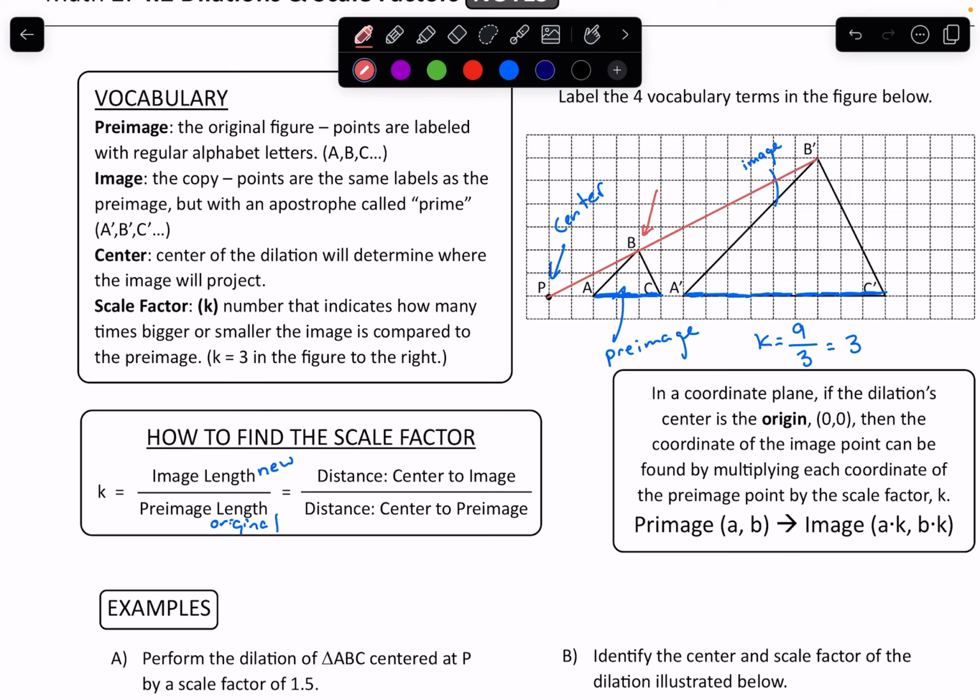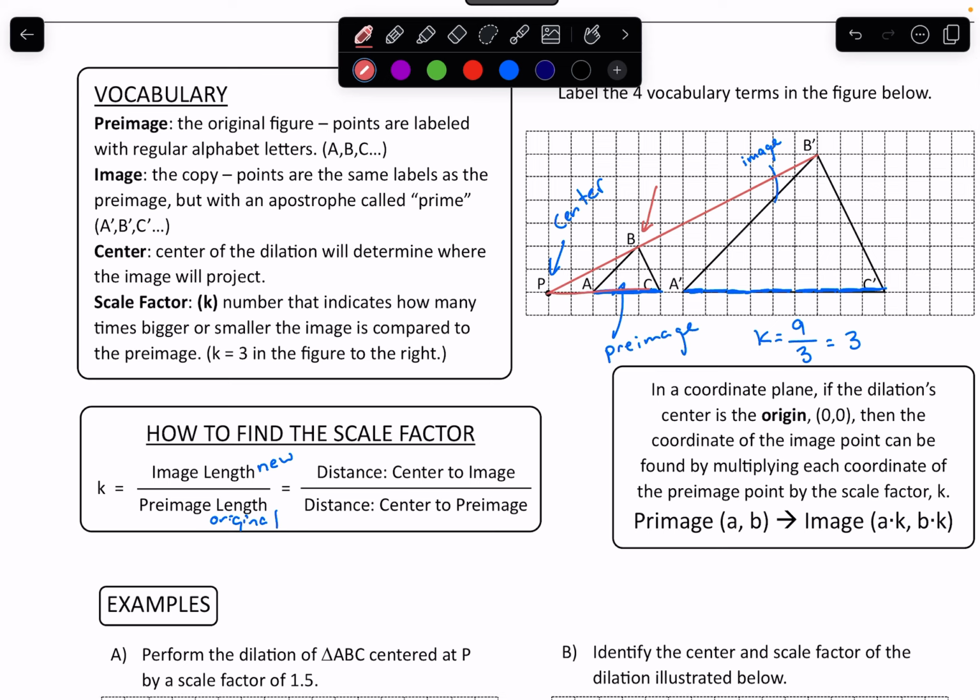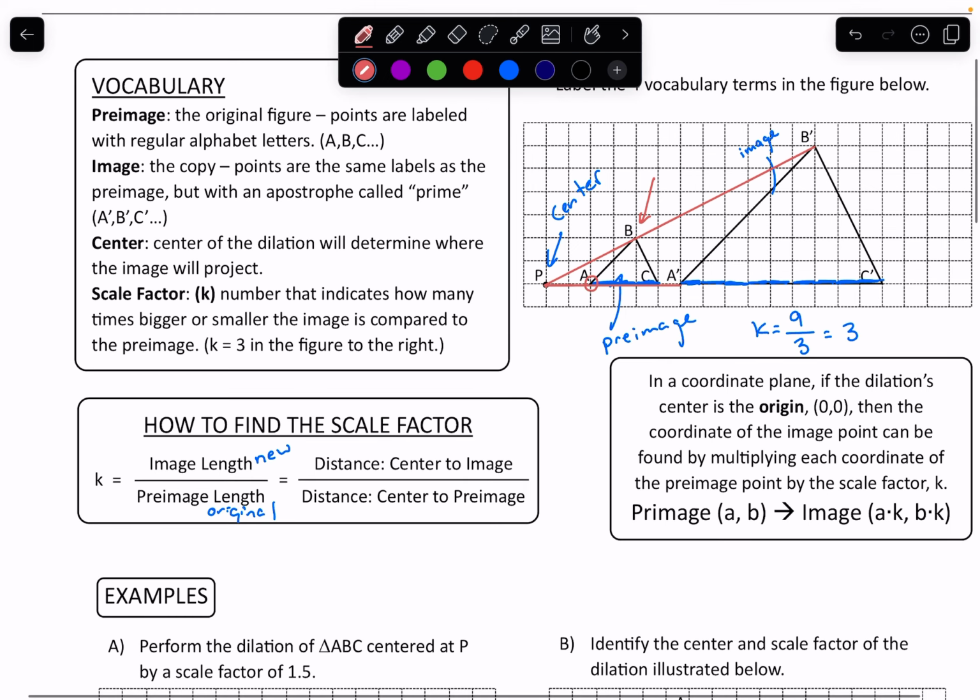If I take my center and connect it to A prime, then notice that it goes through the original point A. And if I connect the center to C prime, it will also go through the original point C.